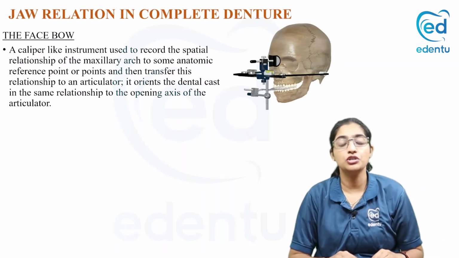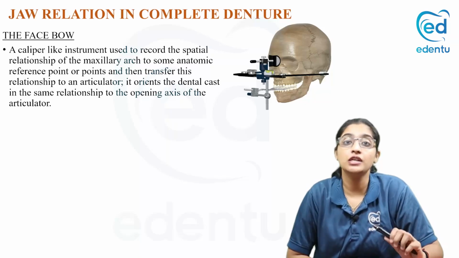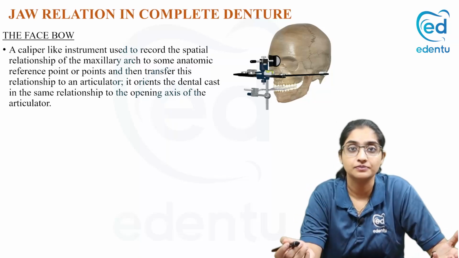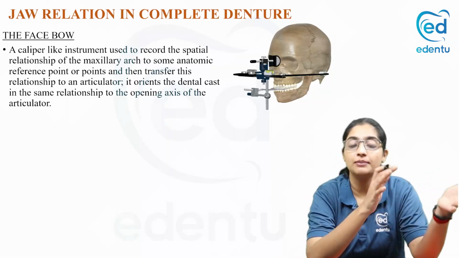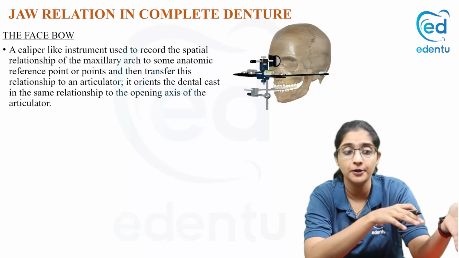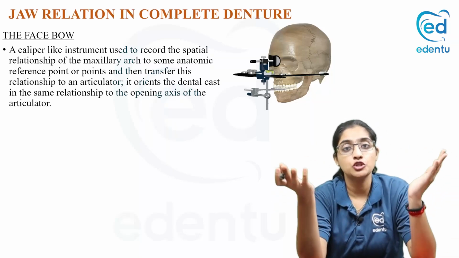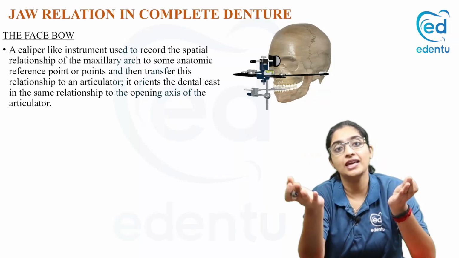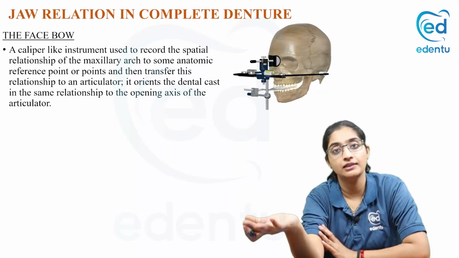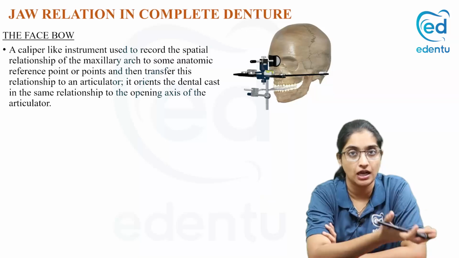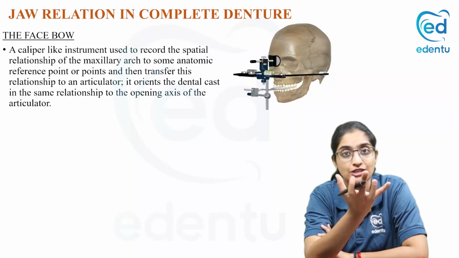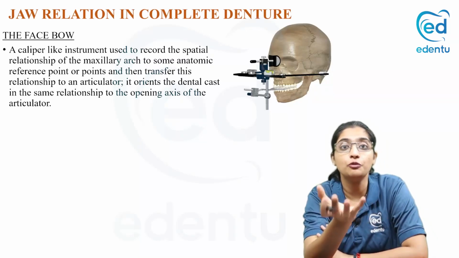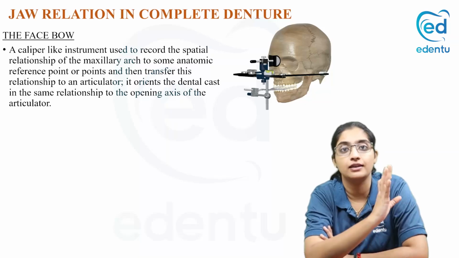Now, how do you determine the orientation relation of the maxilla? You have a semi-adjustable or a fully adjustable articulator. The first thing you have to do is replicate the maxilla into the articulator by the cast. So you have the cast, that's your maxilla. Now, how do you place the cast on the articulator?